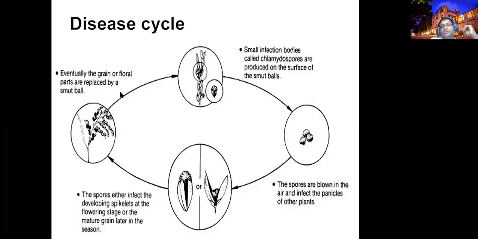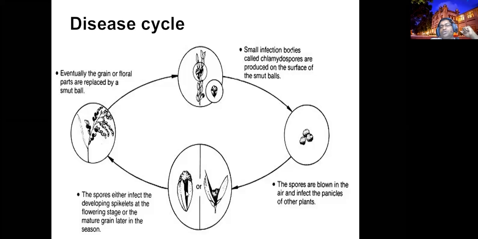This is the normal disease cycle. From the chlamydospore, if it is blown and reaches the flowering stage, it will produce mycelium and draw nutrition, and infection goes through the panicles.